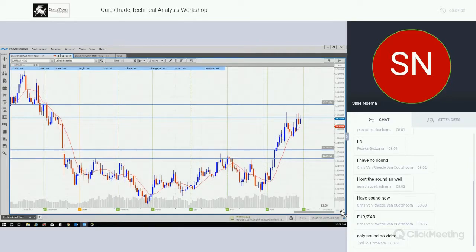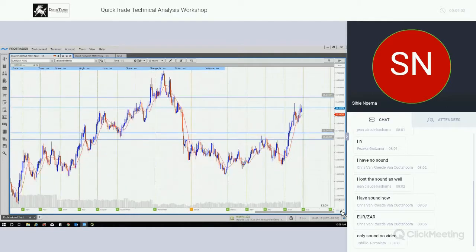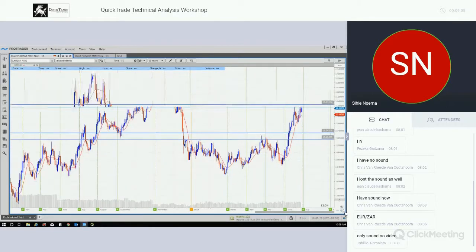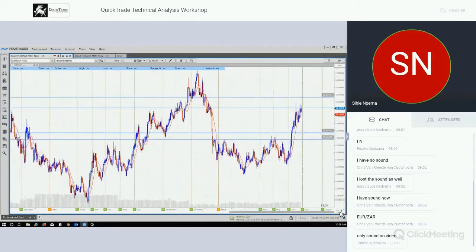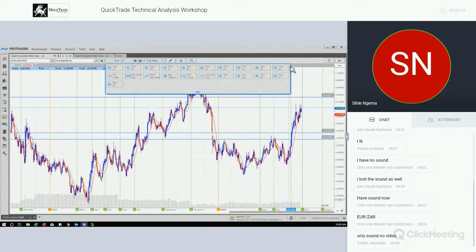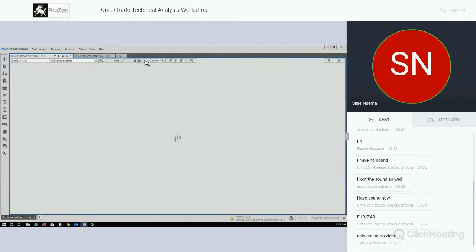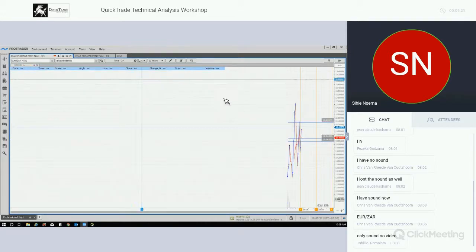If we successfully take out 1633, maybe we could see this currency pair going up towards around 17 bucks. Maybe that's where we can expect to see the sellers of the euro coming back in once again and pushing the euro down. There's a couple of things that I still need to check.